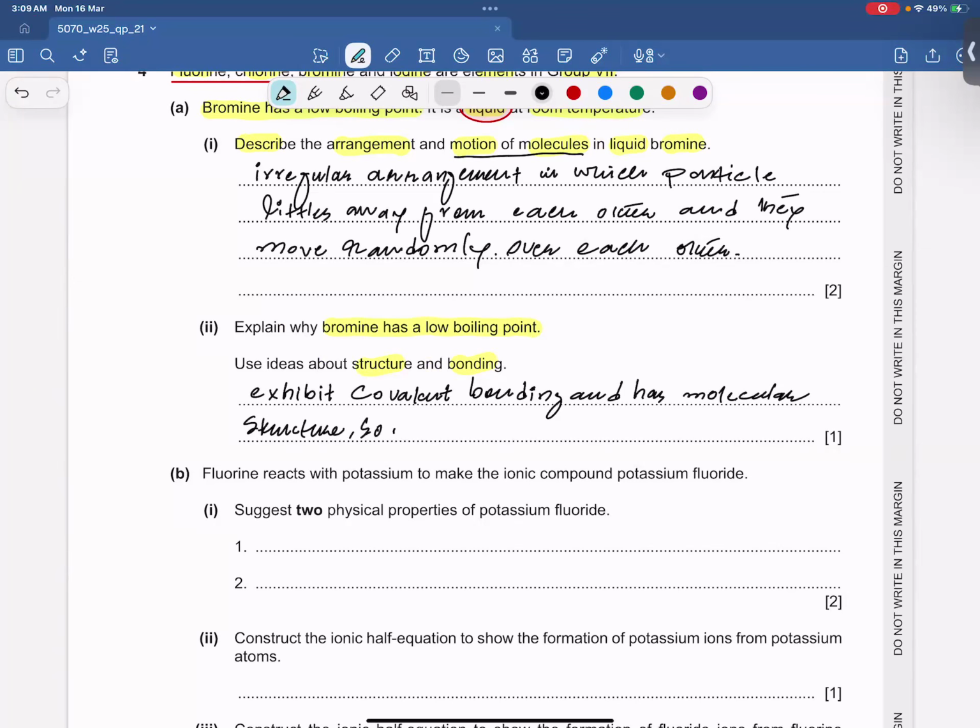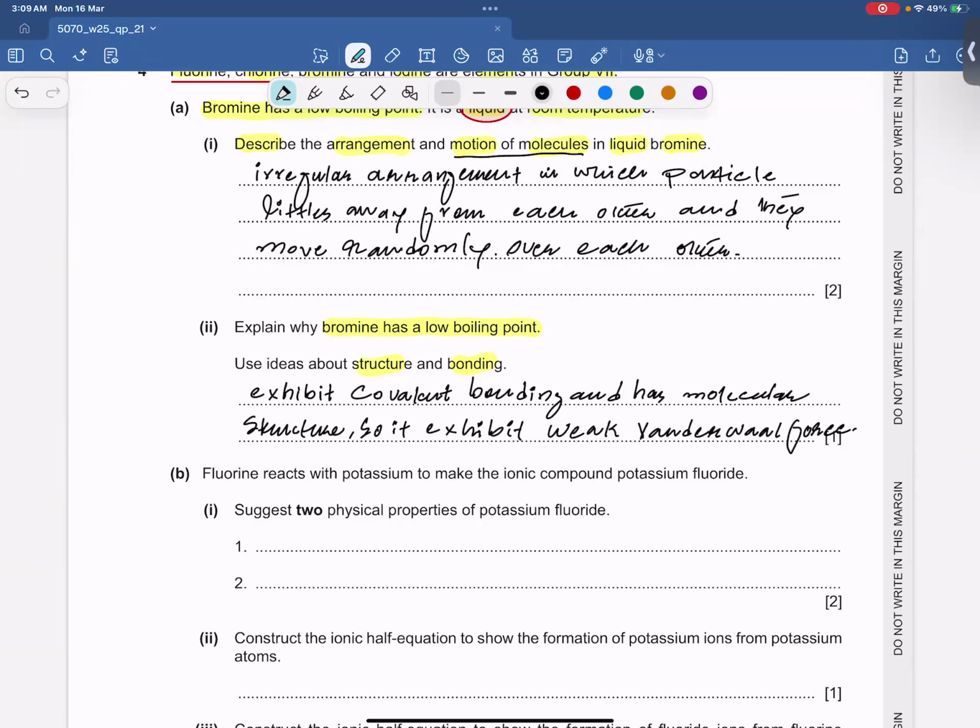So it exhibits weak van der Waals forces. Weak van der Waals forces are also called intermolecular forces. But van der Waals forces is the term which I believe you need to use.